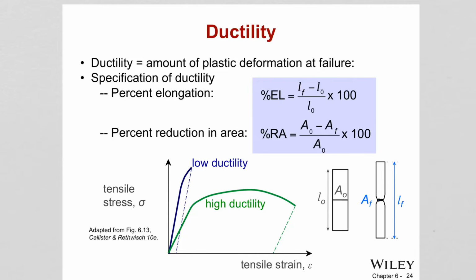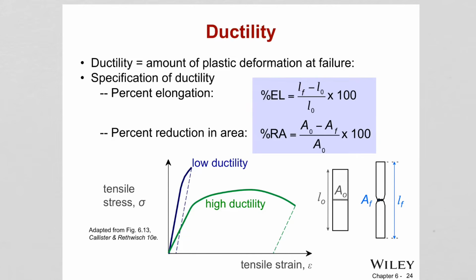So therefore it has high ductility. And some materials, even if you try to pull and stretch them, it doesn't happen, they immediately break, like ceramics, for example. So they have low ductility.